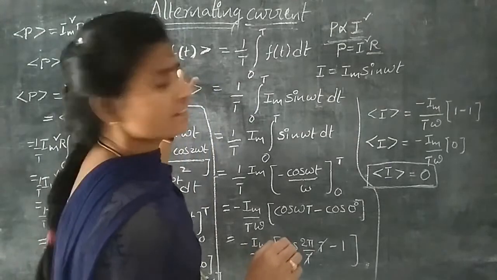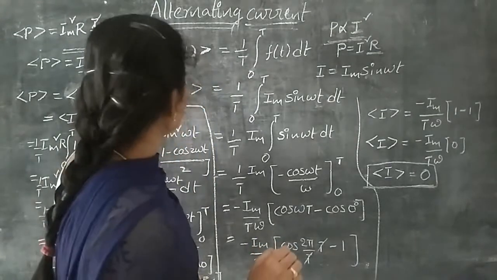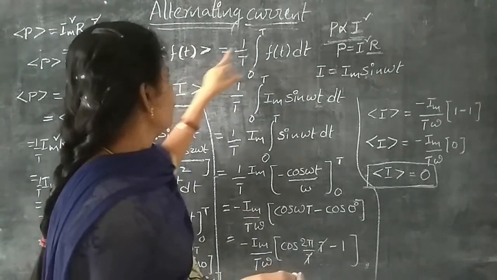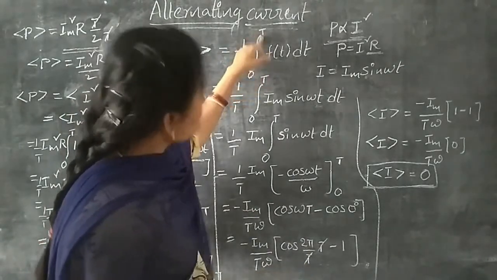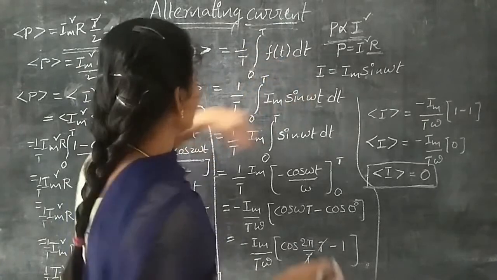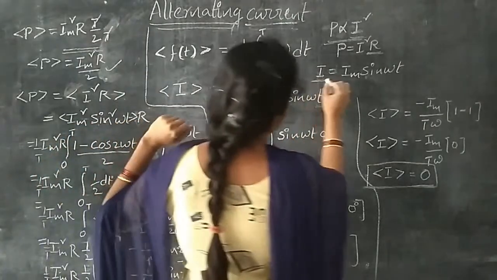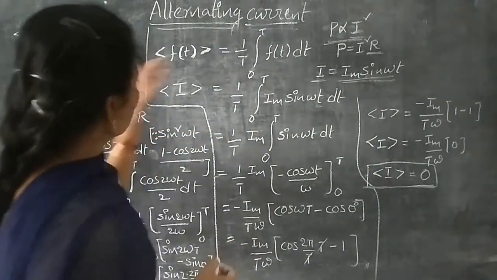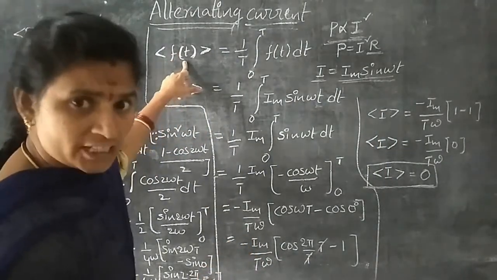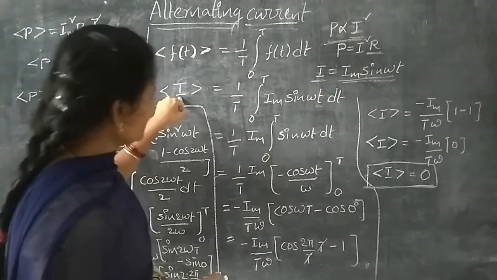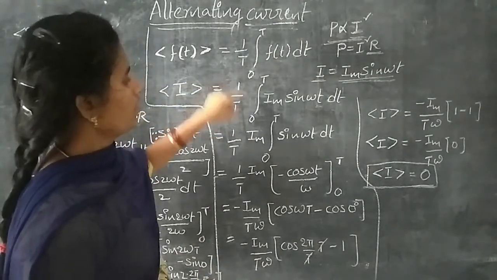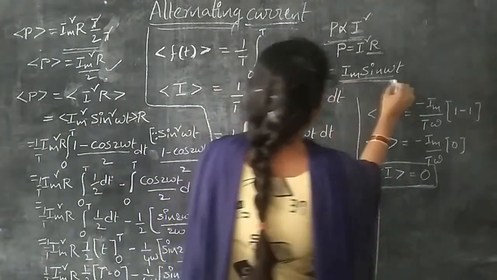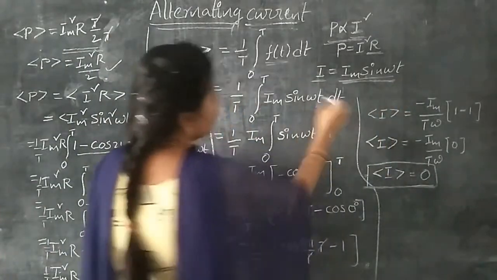The average value of a function f of t is 1 by T integral from 0 to T of f of t dt. The equation of alternating current is I equals Im sin omega t. So in place of f of t, we take Im sin omega t into dt.